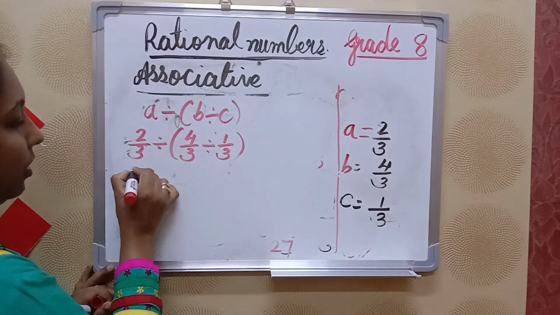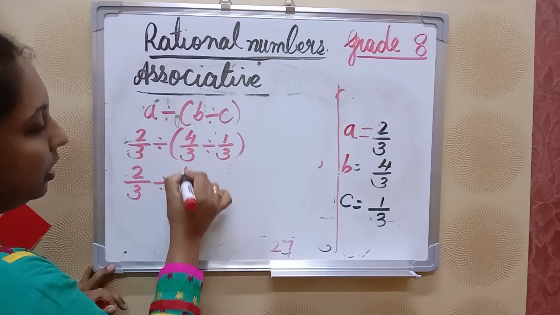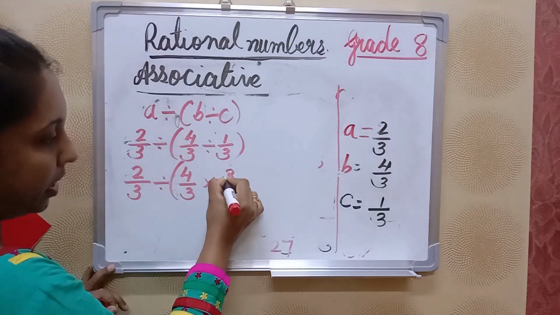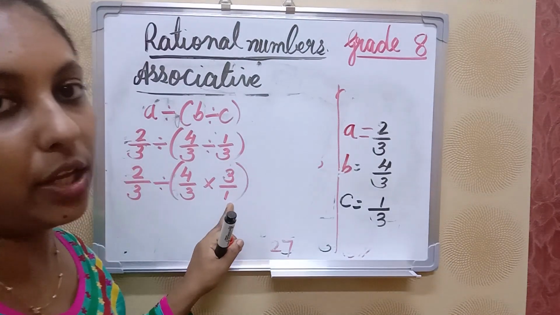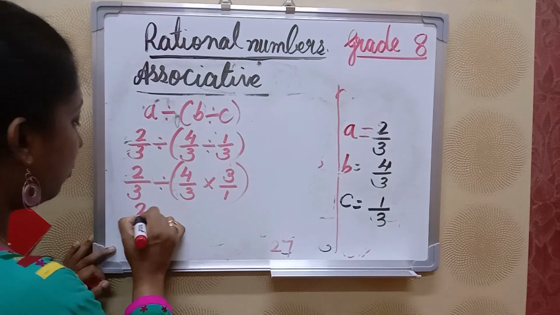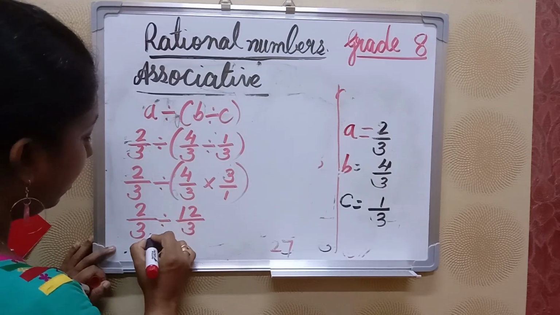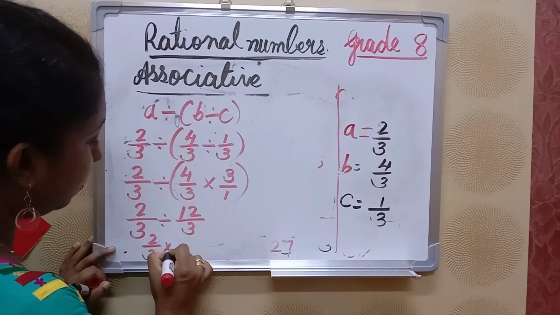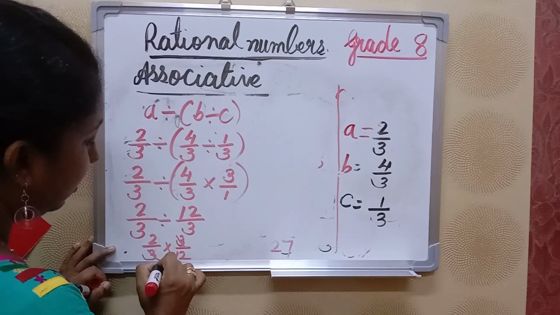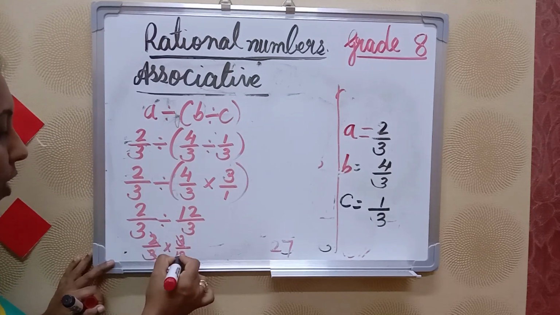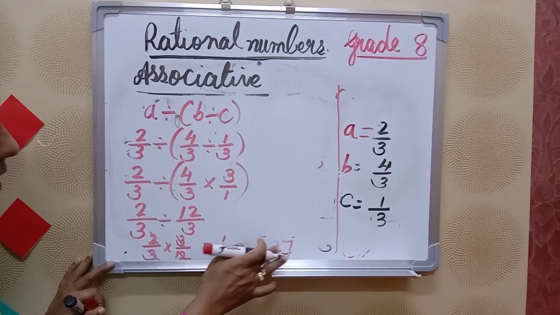Take the reciprocal of the second rational number and then multiply, that is 4 by 3 into 3 by 1, which is 12 by 3. Then 2 by 3 divided by 12 by 3 is 2 by 3 into 3 by 12. So we can cut 3 and 3, 2 and 12 also we can cut. So 1 by 6 is the answer here.